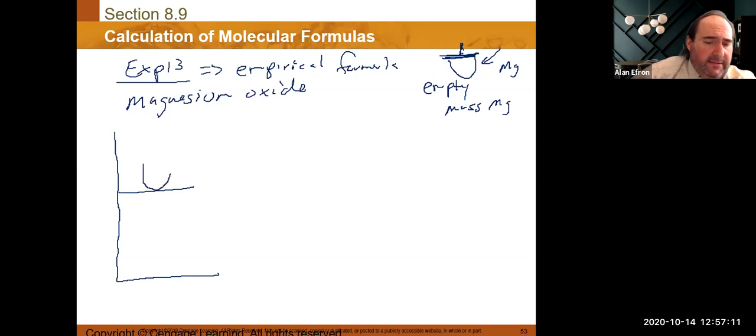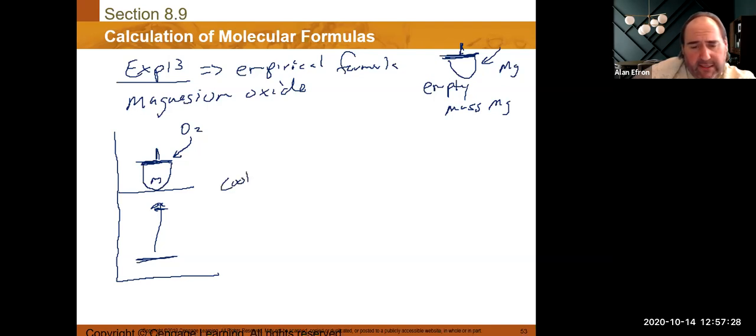They would then heat up the magnesium, and as they heat it up, there's oxygen in the air that will come in and combine. They would cool it down, kind of like what they did with the hydrate, and reweigh.